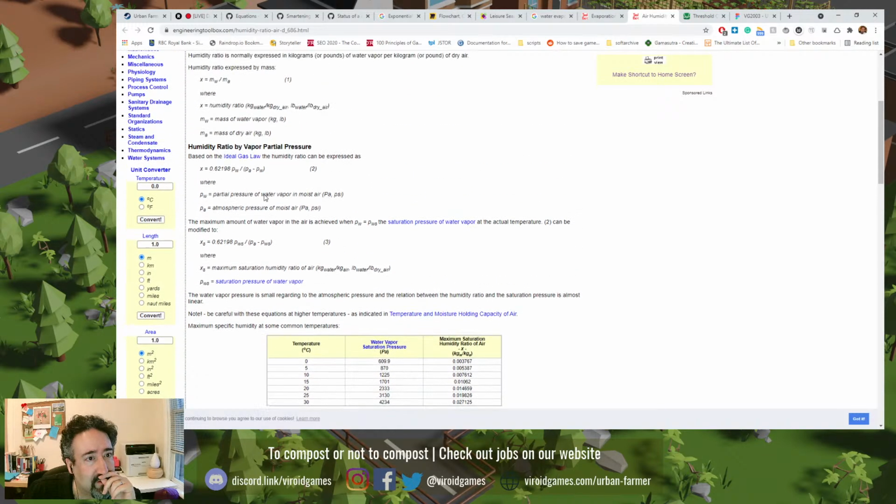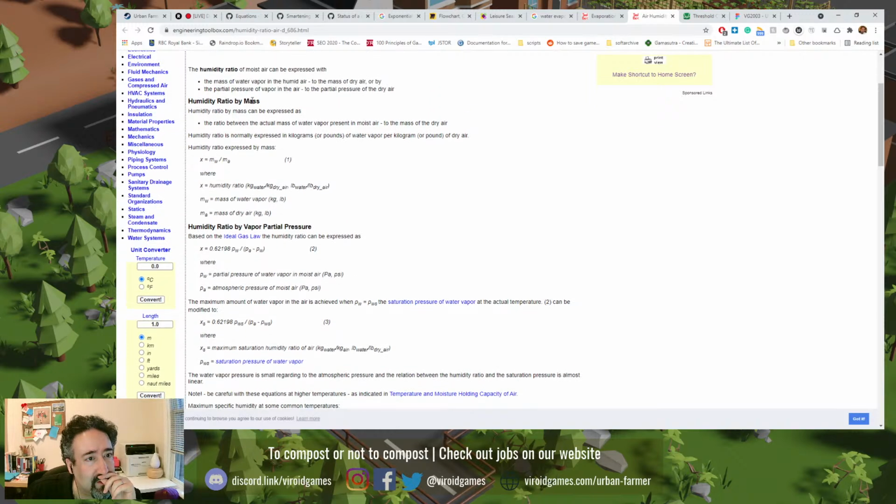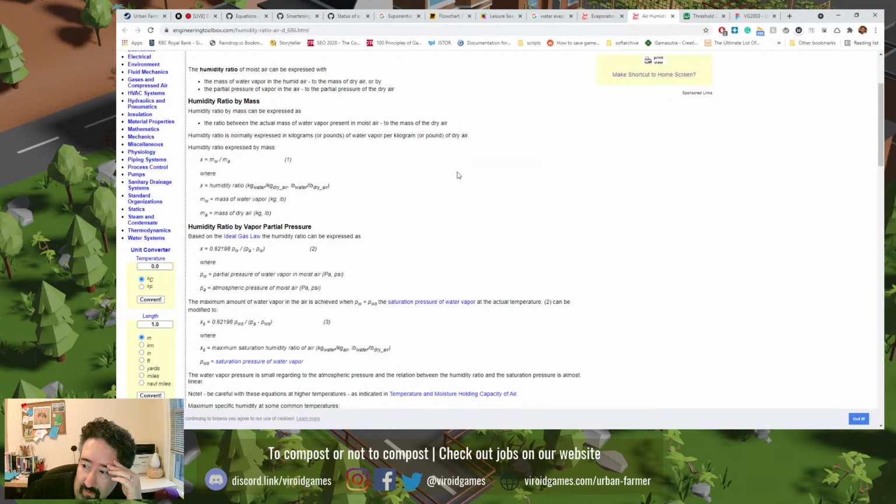Is this the equation? Humidity ratio by mass, that is not maximum saturation humidity. Humidity ratio by mass.